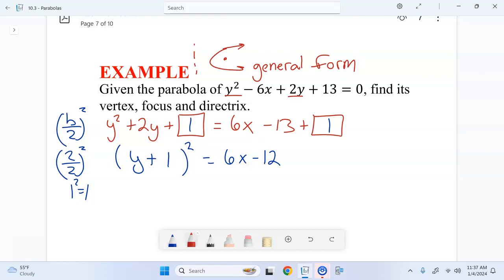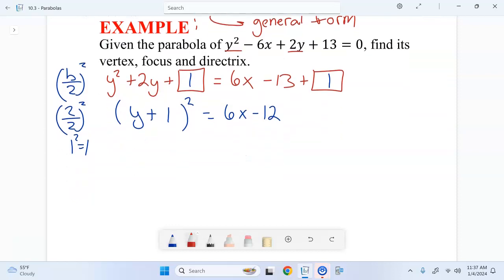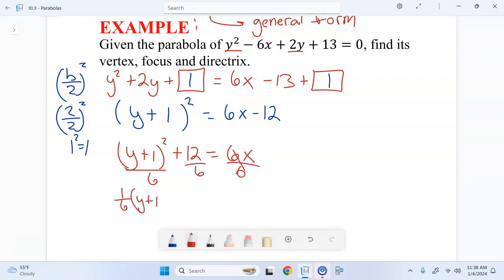So what can I do to isolate x? So we'll add 12 to the other side. And then we will divide everything by 6. So we'll have 1/6 (y plus 1) squared plus 2 equals x.